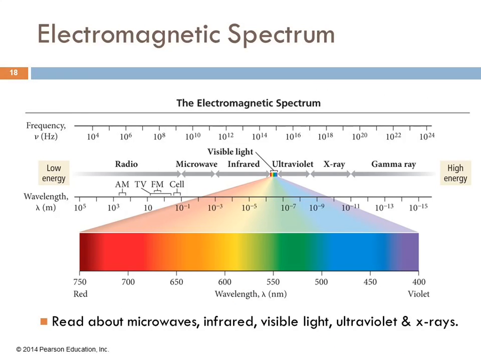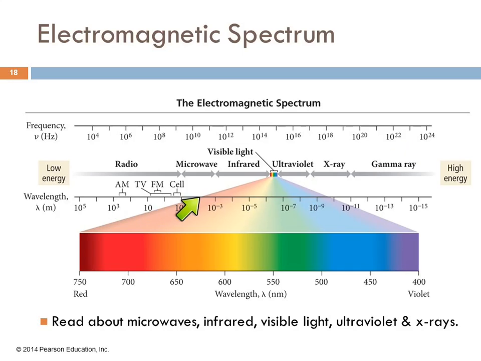So here's a picture. Here is the electromagnetic spectrum. Okay, here we're looking at frequency. So at this end, we have low frequency, 10 to the 4th hertz, cycles per second. Up here, we have high frequency, 10 to the 24th.